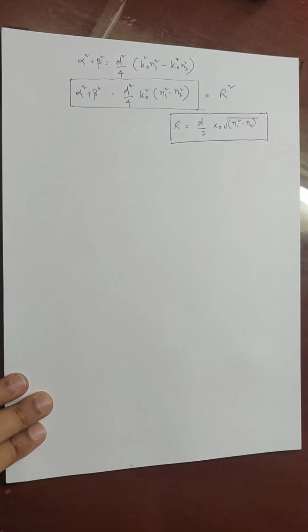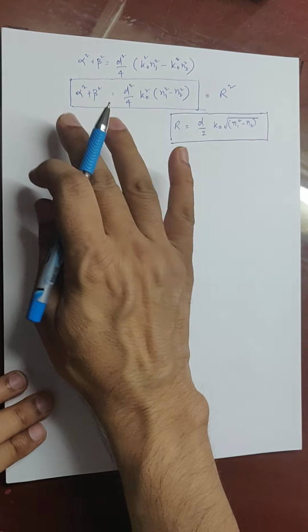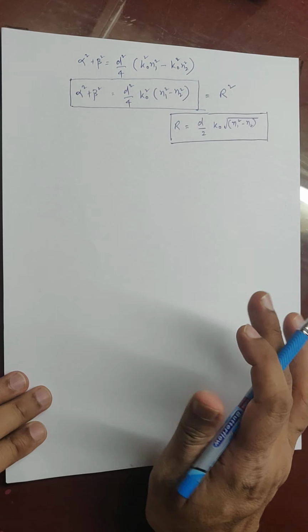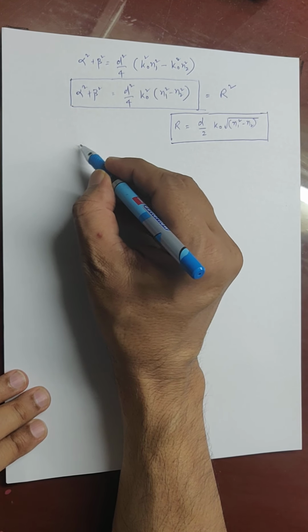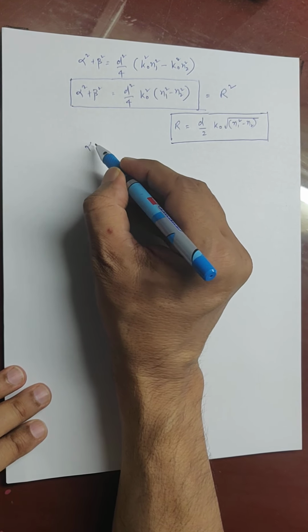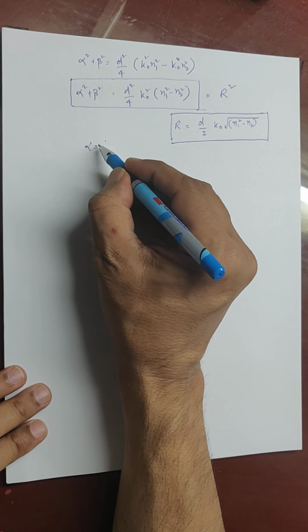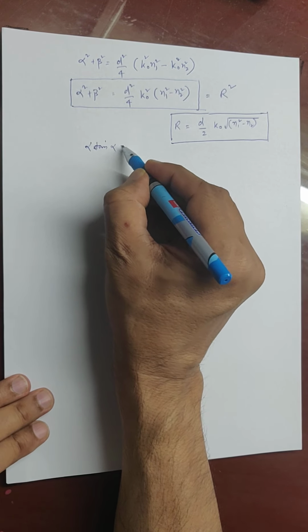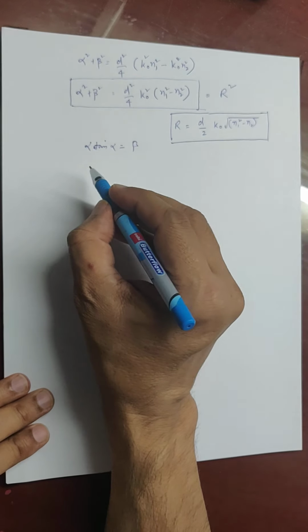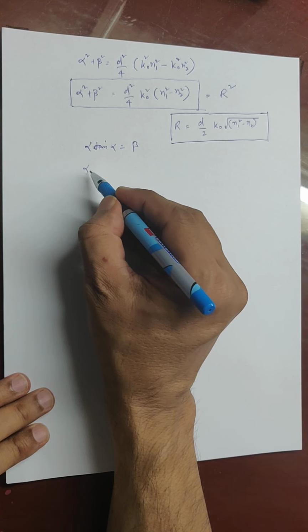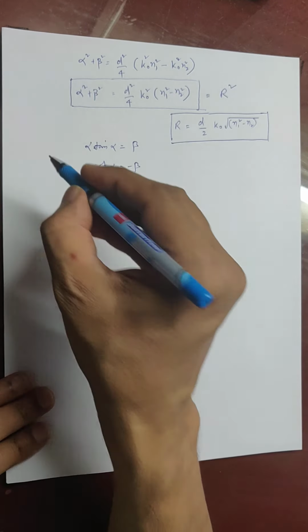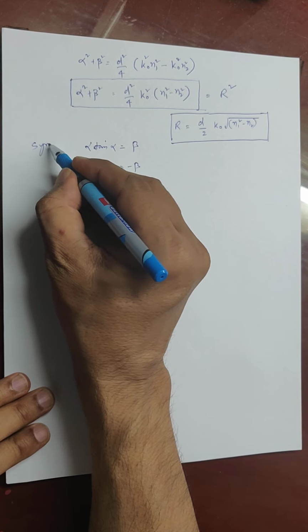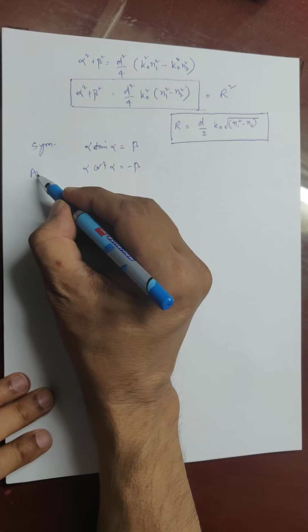So this is the equation that alpha and beta would always satisfy, and along with that, if the solution is symmetric, the condition would be that alpha tan alpha would be equal to beta, and if it is antisymmetric it would be alpha cot alpha equal to minus beta. So this is for symmetric and this is for antisymmetric.